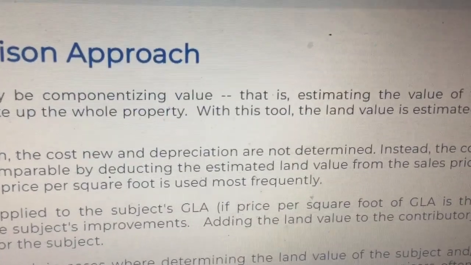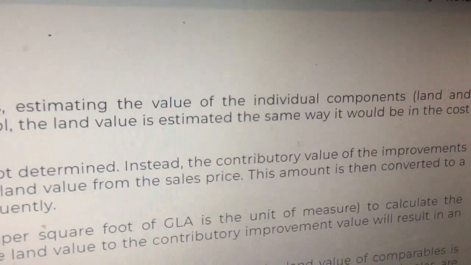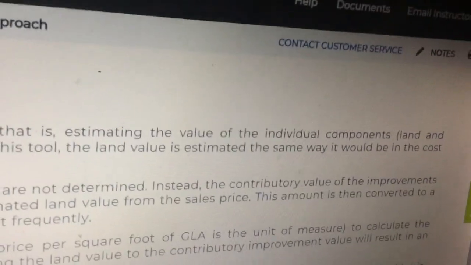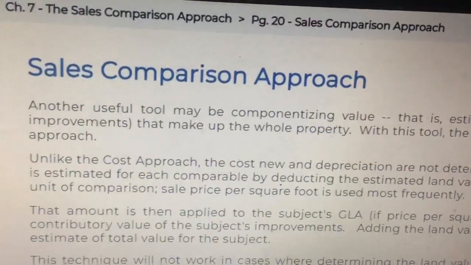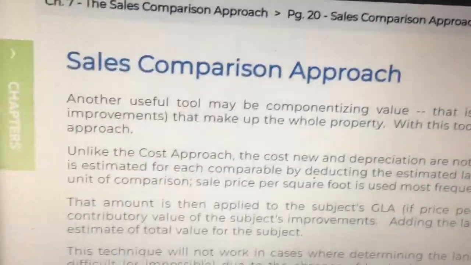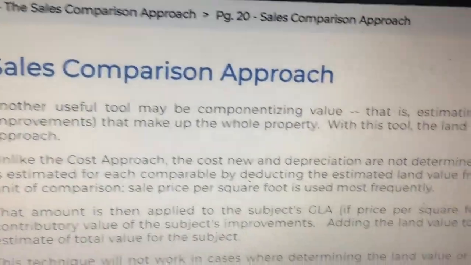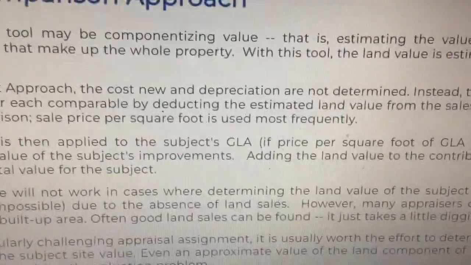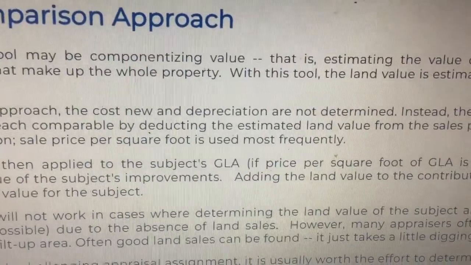With this tool, the land value is estimated the same way it would be in the cost approach. Unlike the cost approach, the cost new and depreciation are not determined.